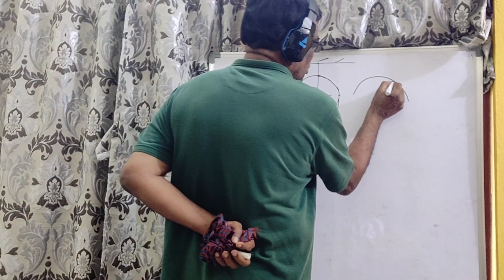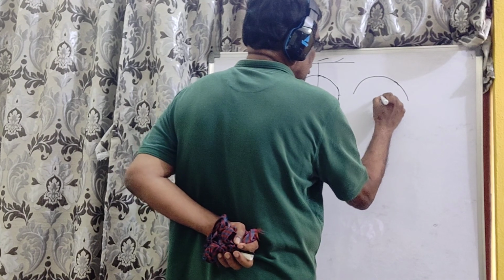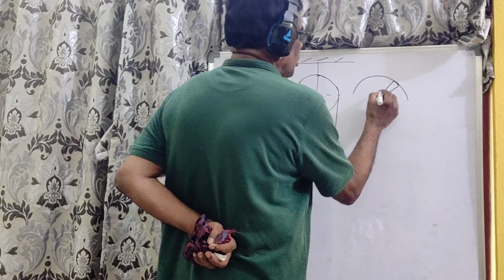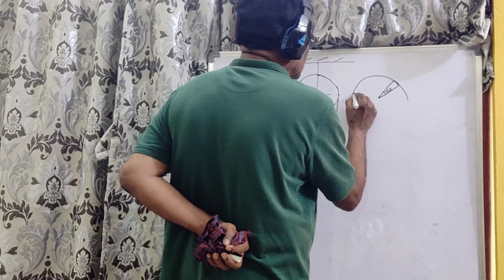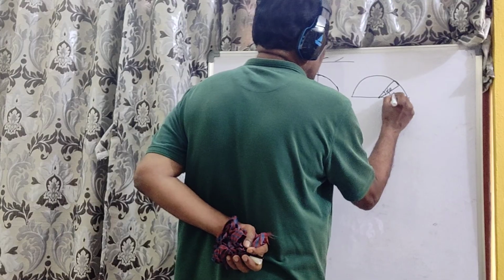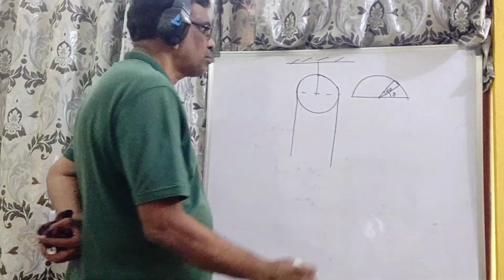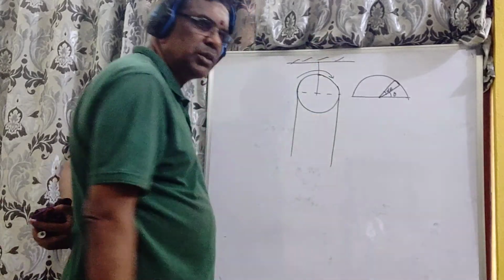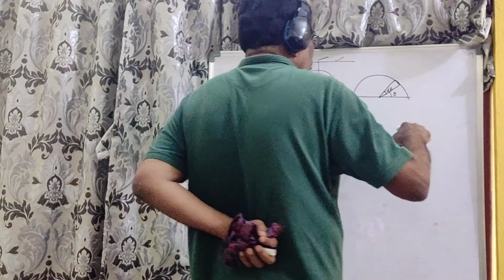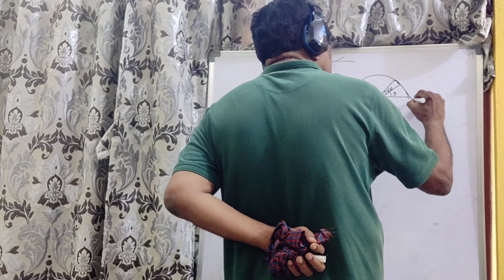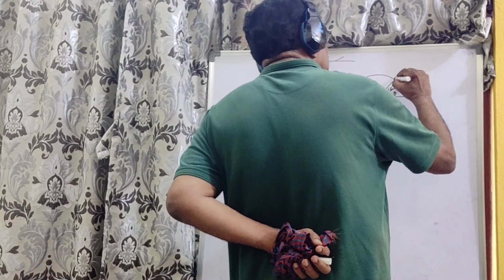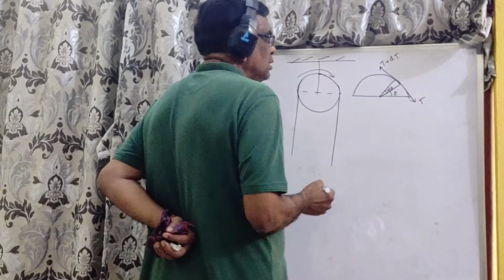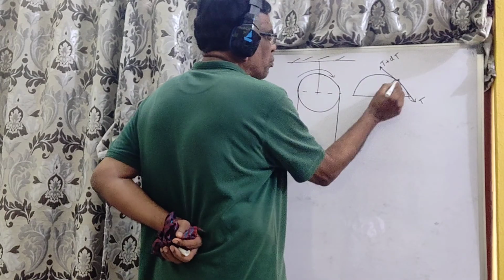Just looking at a small portion, this one, this is d theta and this is theta. Now let me say this is pulling it down. Okay? This is T, this is T plus dT, a small rope.